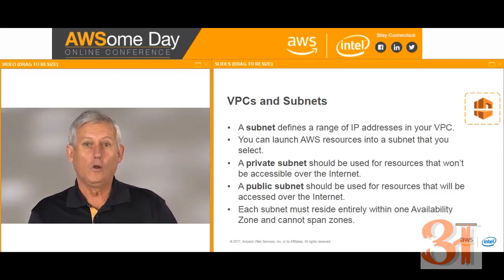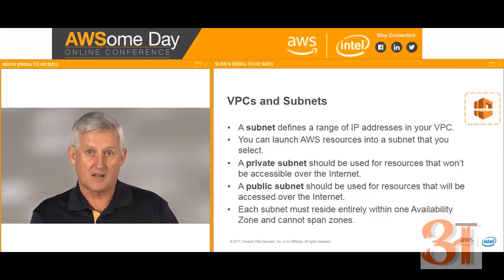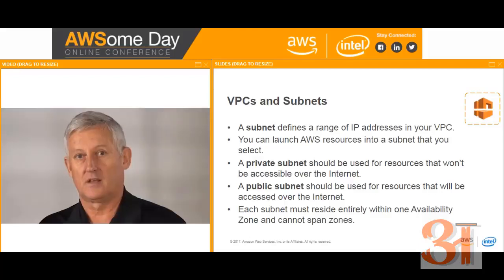Note though that all instances within a specific VPC can communicate with each other via their assigned private IP address and a managed routing service that AWS operates for you between the subnets of your VPC.